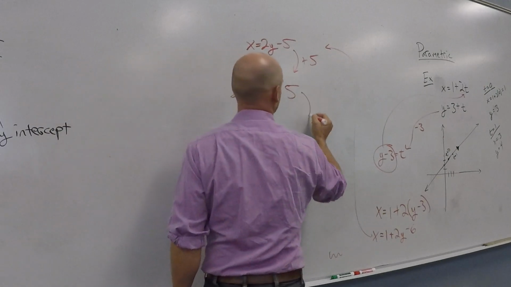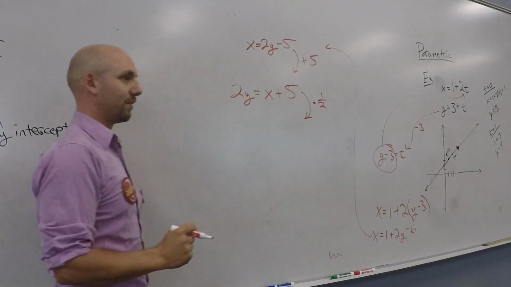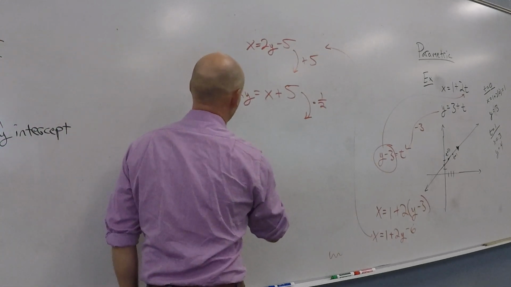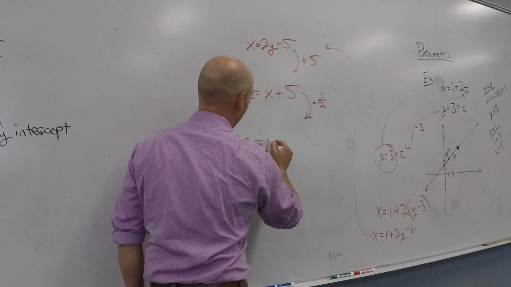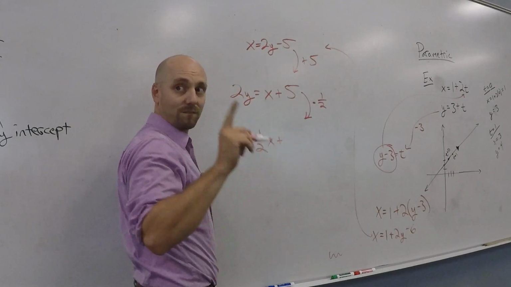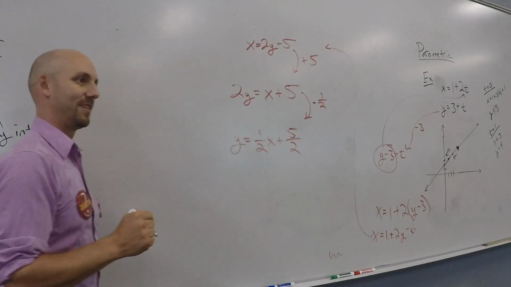Divide by 2. Okay. And you guys are in one of the varsity classes, so you're going to get to multiply by a half. Same thing, right? So you got y is 1/2 x plus 5 over 2. 5 over 2. Because you remembered to distribute.